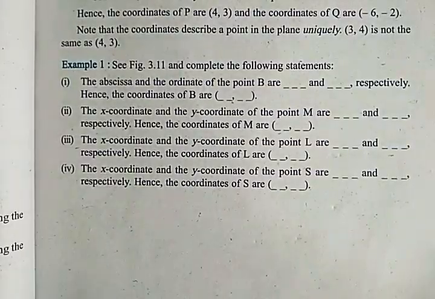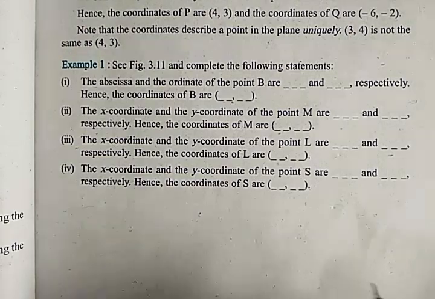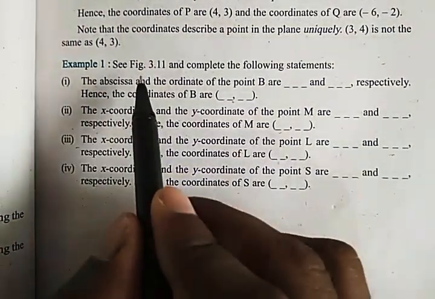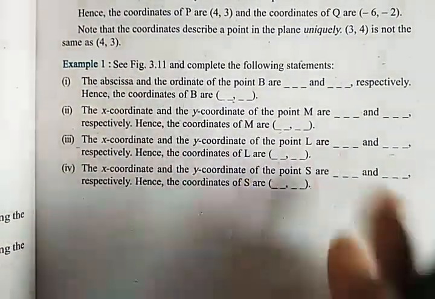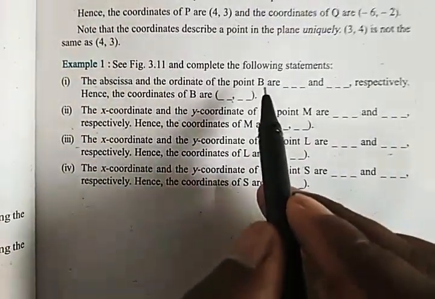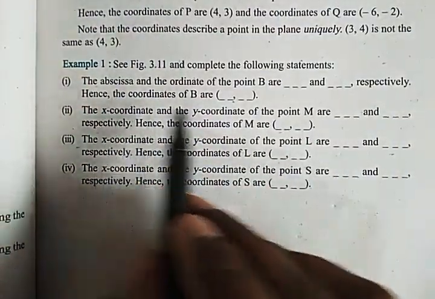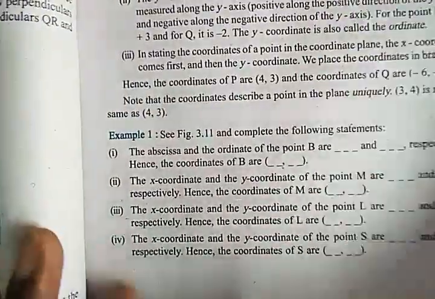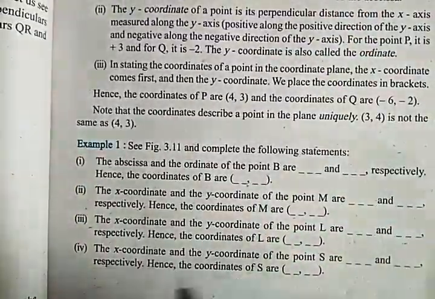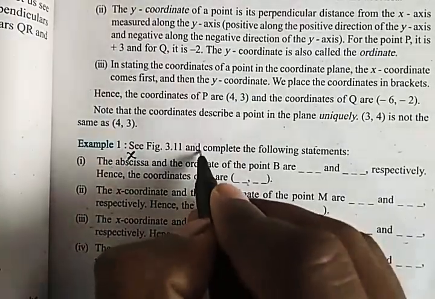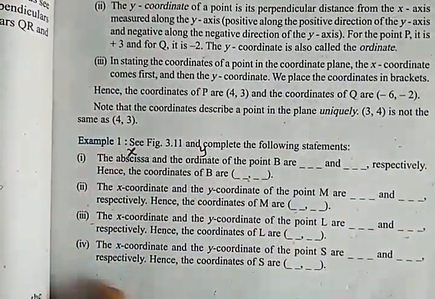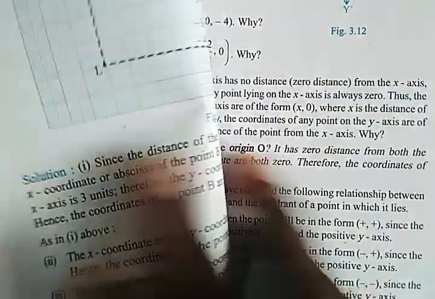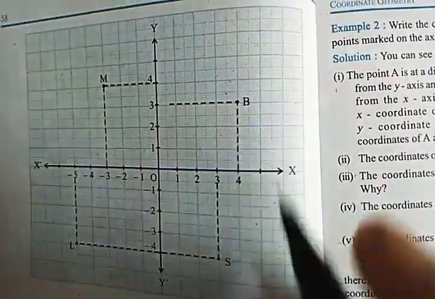Now, based on what we have discussed, let us see example number 1. See figure 3.11, in the next page, and complete the following statements. The abscissa and the ordinate of the point B: we need to look in the diagram. Abscissa means x value, ordinate means y value of the point B. Where is point B in the diagram? Point B is here.